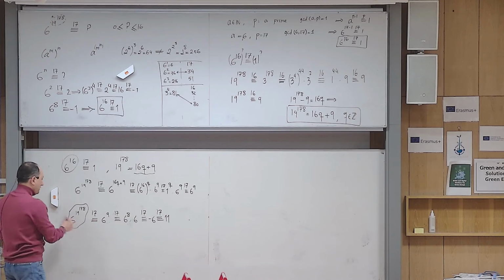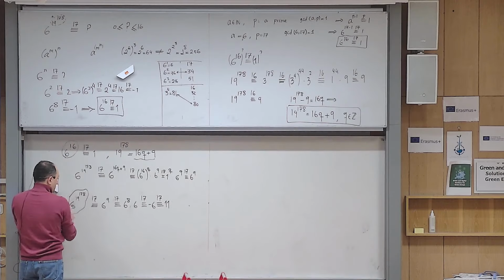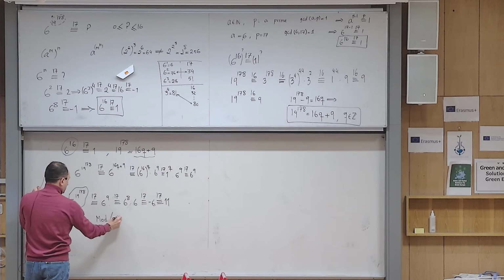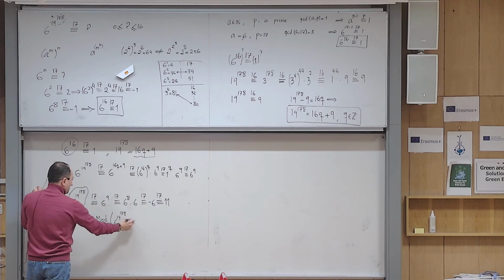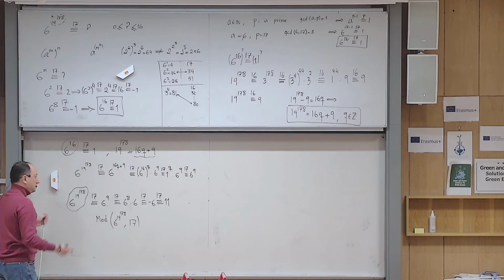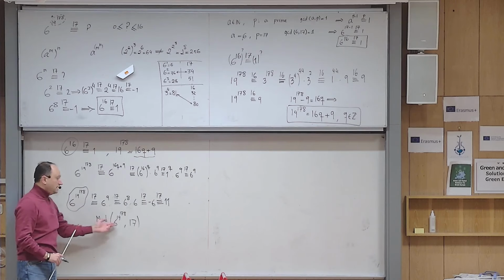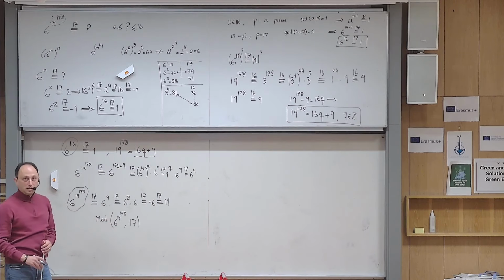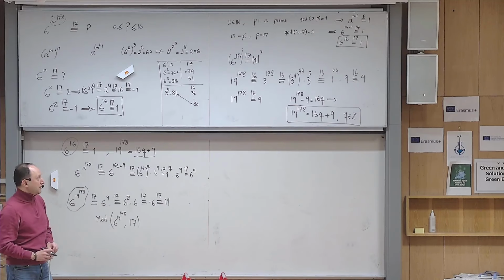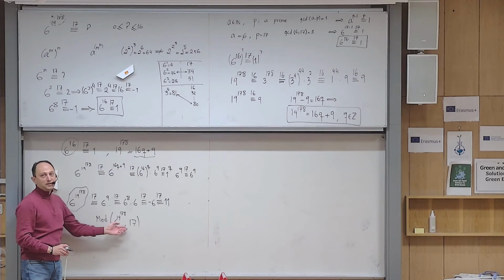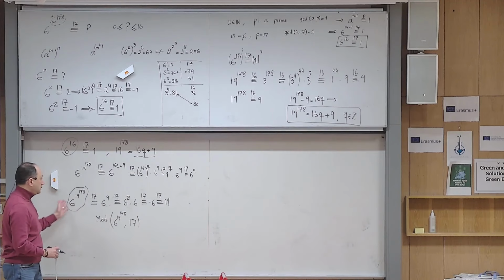If you have access to software, for example, in Mathematica, you can write Mod, type this number there, and then write 17 here. But even if you have one of the best softwares available, it was not easy to calculate it without having these ideas. Even if you have a calculator handy, don't think that you could solve this problem with the calculator.